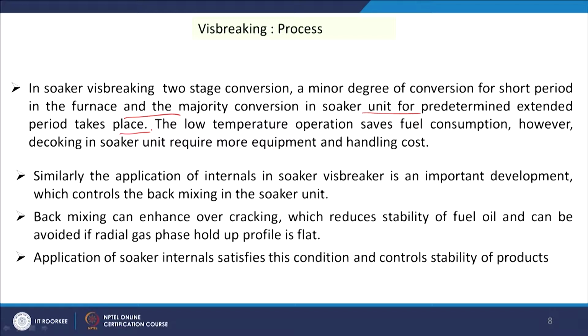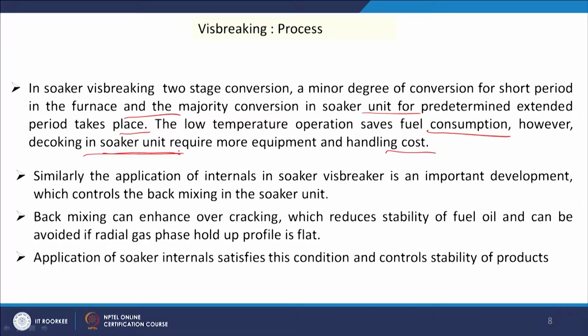As we can perform the conversion at lower temperature, we can save fuel consumption. However, decoking in the soaker unit requires more equipment and handling cost. So, one way we are using less energy, but we also face another problem: decoking in the soaker requires more equipment and handling cost.